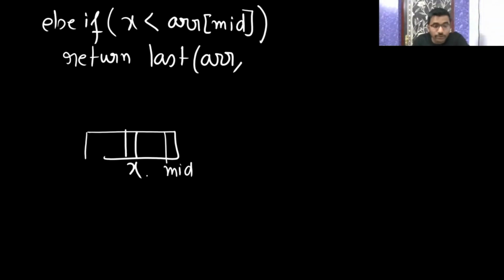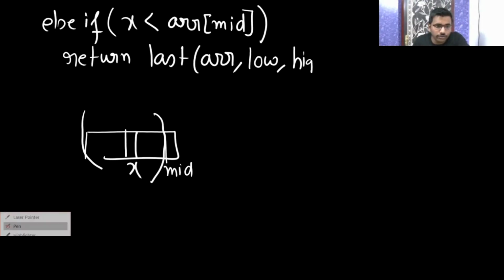Very good, Imam. Low will be as it is, you are not going to change low, you will change the high. You need to search only here, the left side. So you need to change high to mid minus 1. So high will get changed. It is going to be mid minus 1. Very good, Imam and Abhishek.